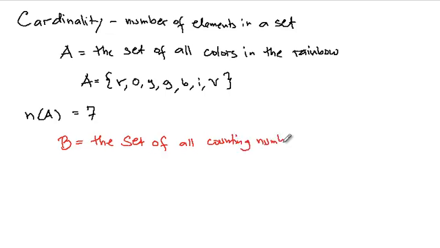Okay? So, set B in roster method will then become, how do we count? Do we start from negative 1? No, we start from 1, then followed by 2, 3, 4, and so on, right?